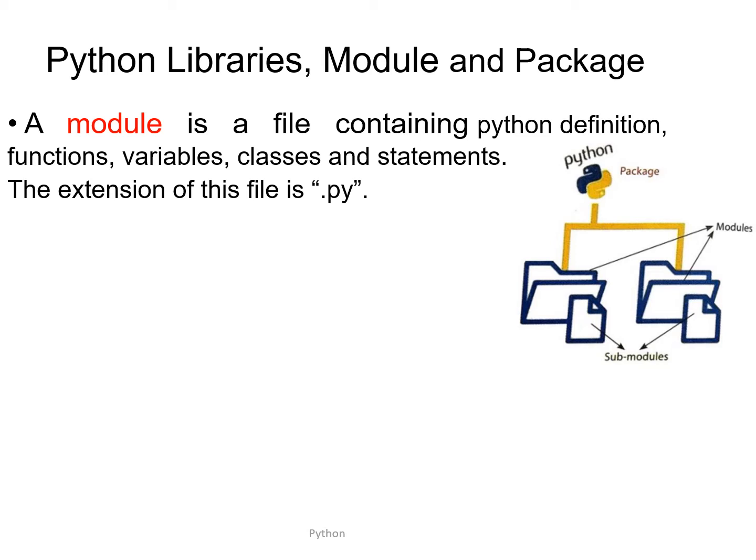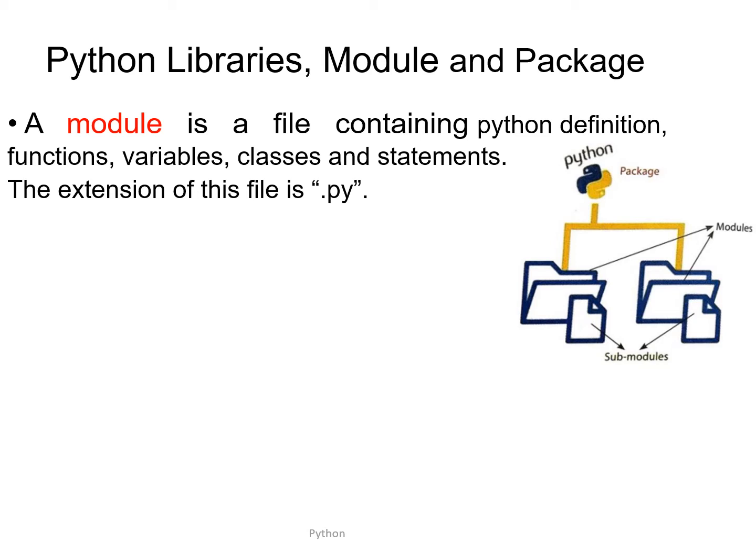Then we put all those programs in a particular folder. Once we make a program, we save it with the .py extension and then we put that program in a particular folder. So a module is just the same as that program.